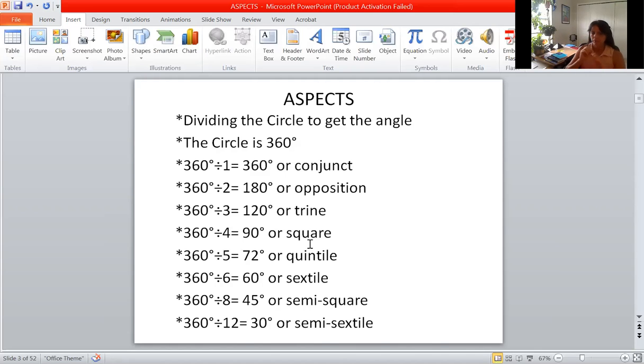Then I'm going to take 360 and divide it by 2, and I get 180. That's going to be opposite, one on one side and one on the other. That's the opposition. Then I'm going to divide it by 3, and I'm going to get 120 degrees.